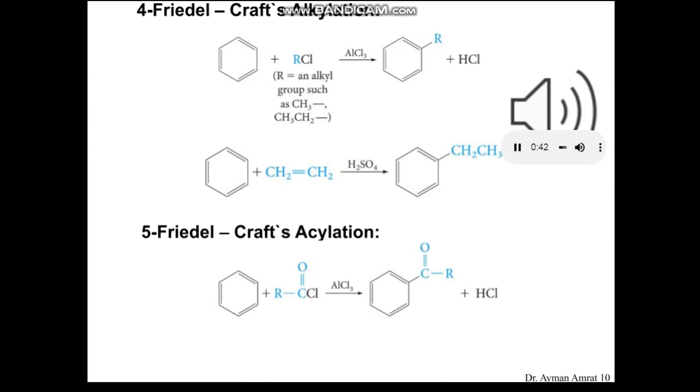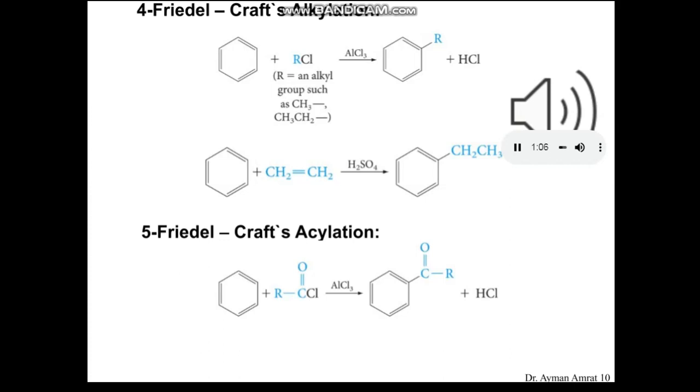AlCl3 reacts with alkyl chloride RCl. R could be an alkyl group like methyl, ethyl, and so forth, to form R+. R+ is the electrophile that replaces the hydrogen of the benzene to form alkylbenzene.